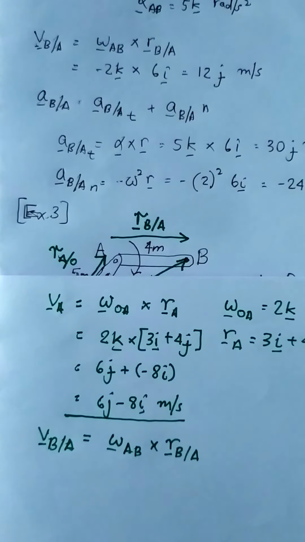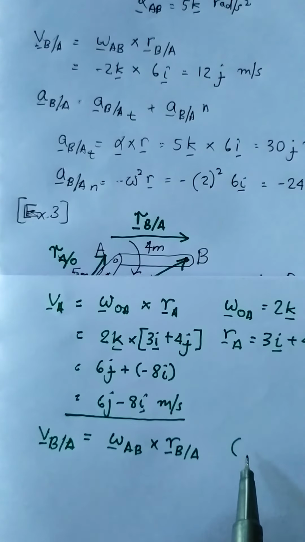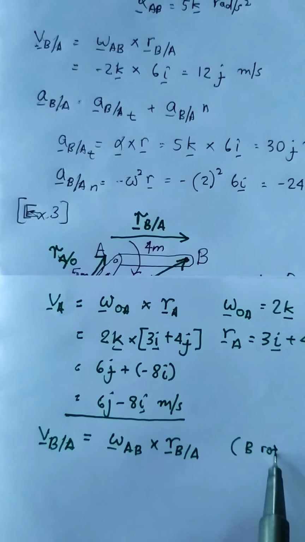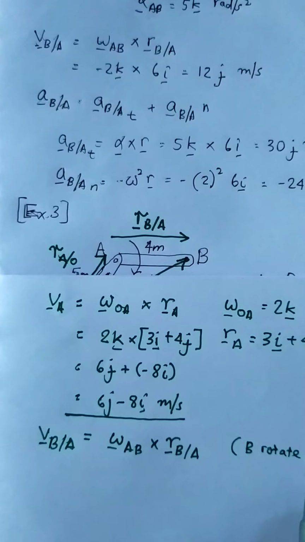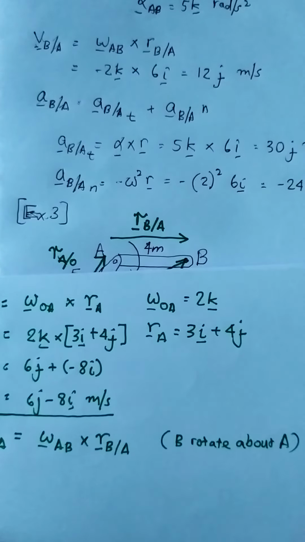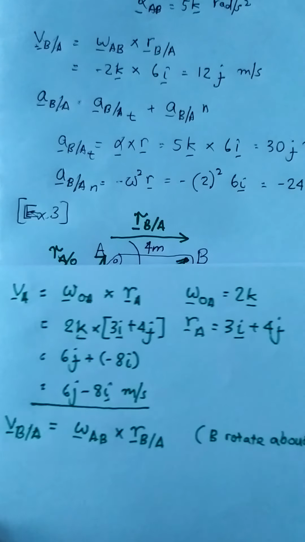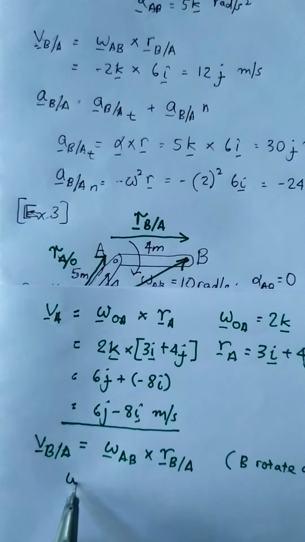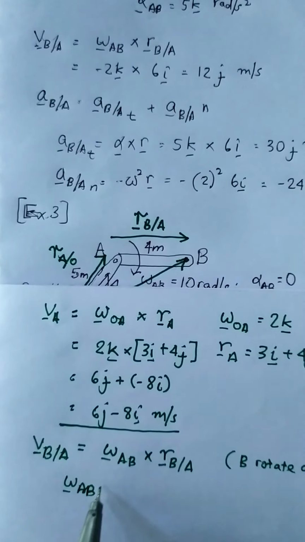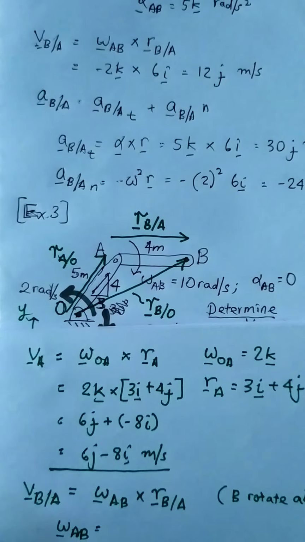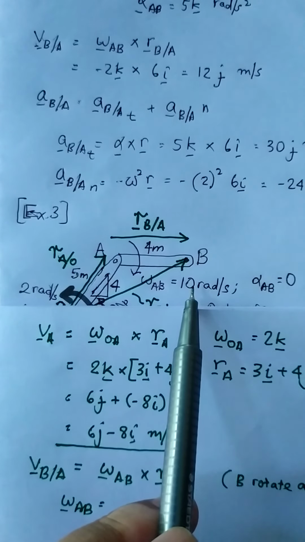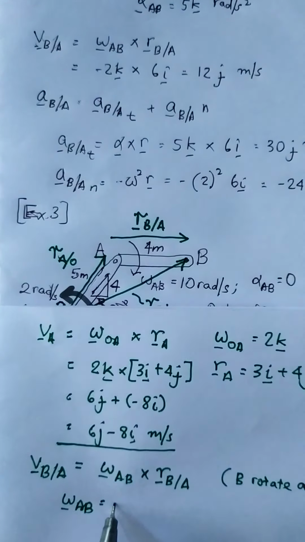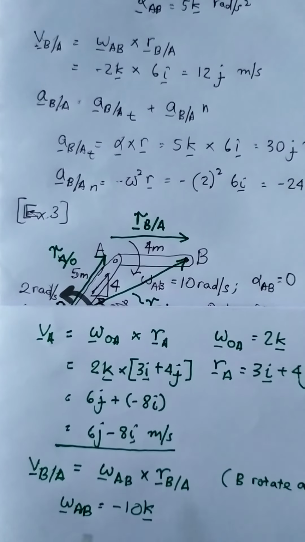So B rotates about A. And what is omega AB? Omega AB in this case is 10 radian per second clockwise, so it's minus 10k.